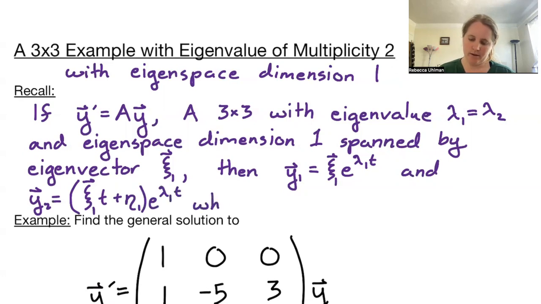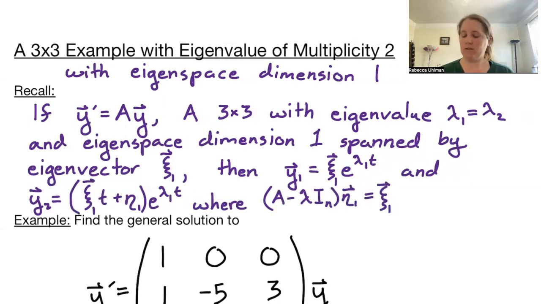Here, A minus lambda times the identity times eta 1 is equal to xi1. These two solutions are linearly independent.